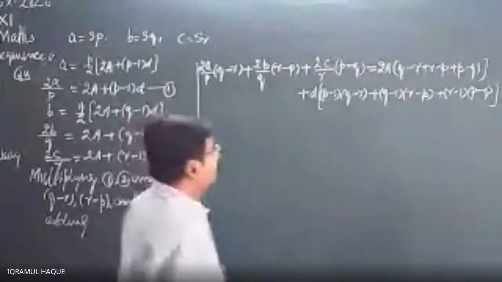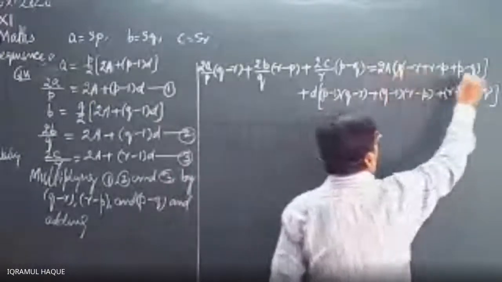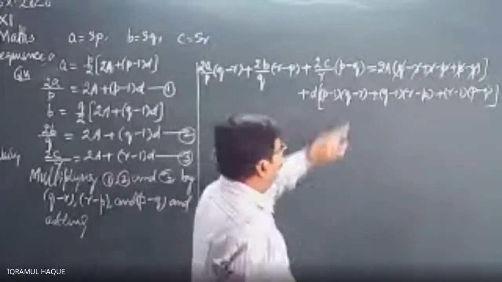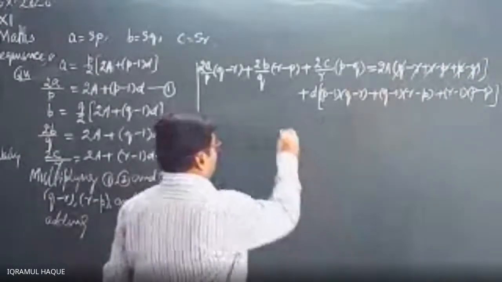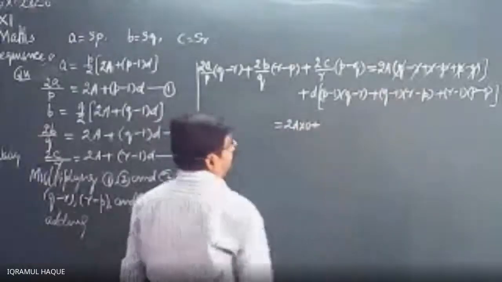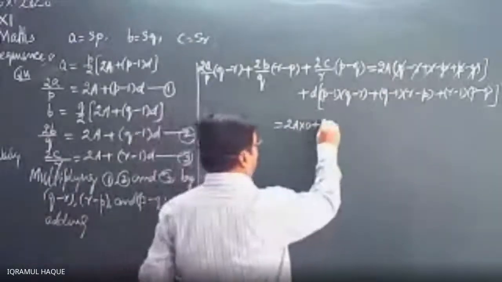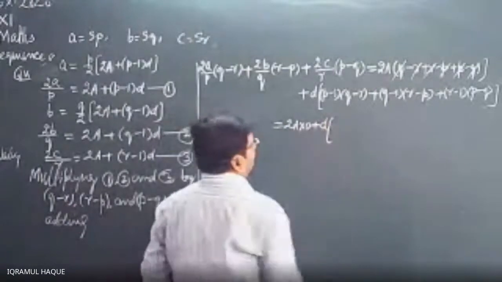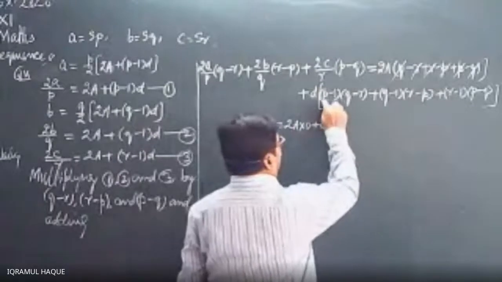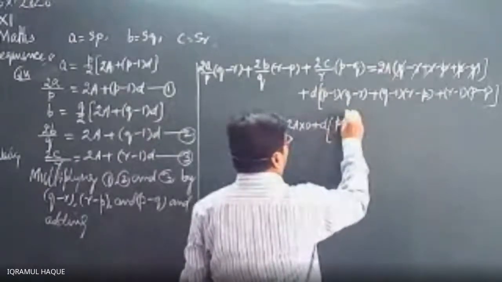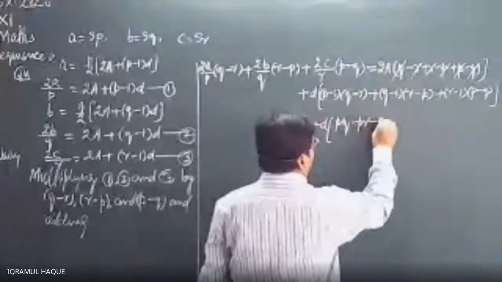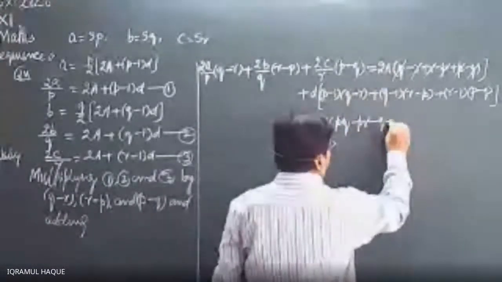See the numerator here, plus q minus q, plus p minus p, plus r minus r, all will cancel. We have 2a into 0 plus d into, multiply all these terms. See, multiplying p into q, pq, p into minus r, minus pr, 1 into q, minus q, 1 into minus r, plus r.